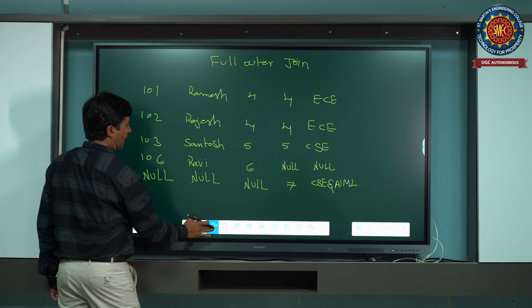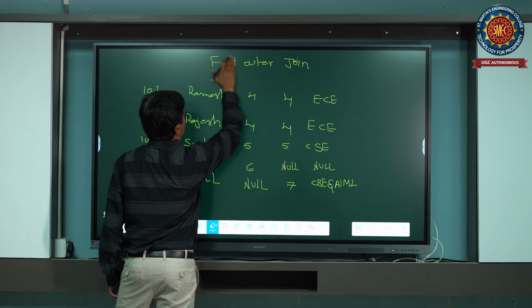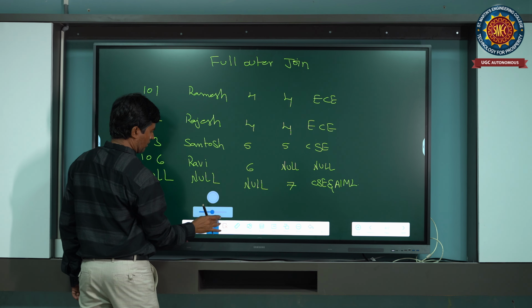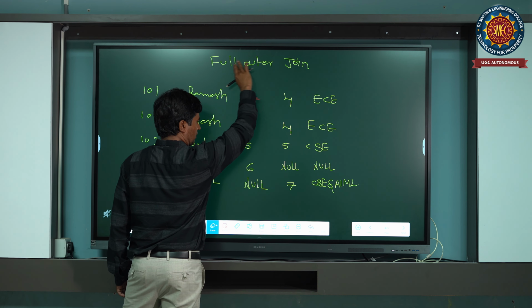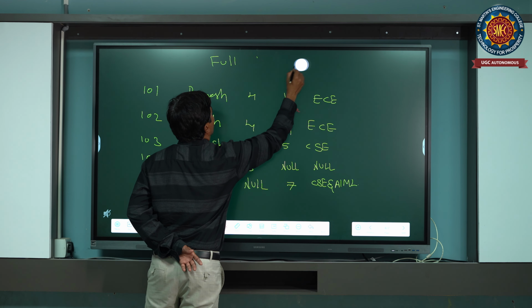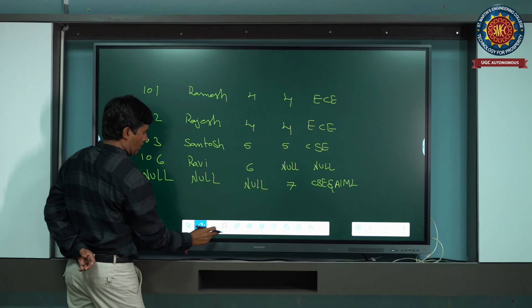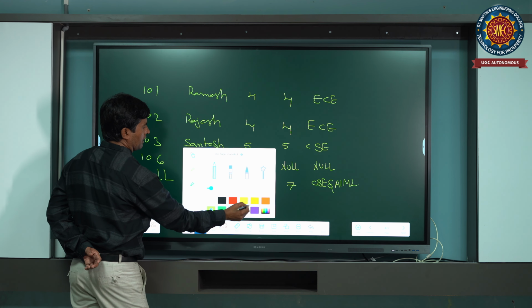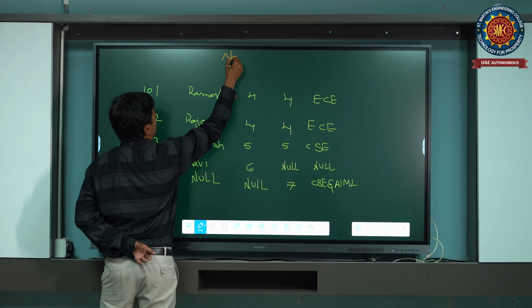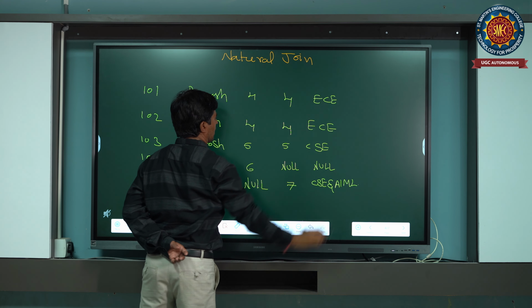First, with respect to natural join, the difference, when comparing with the full outer join, is what?